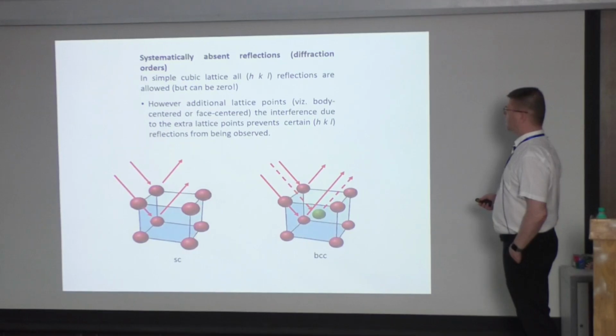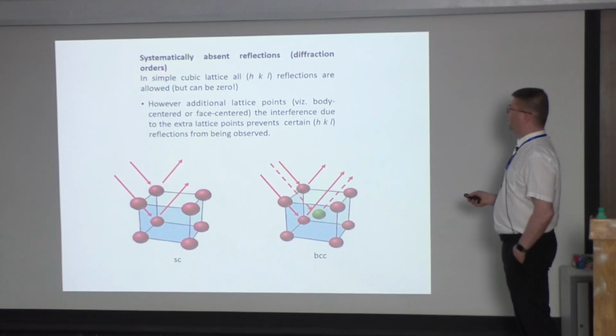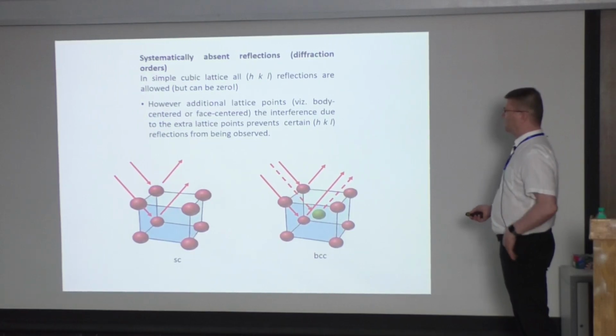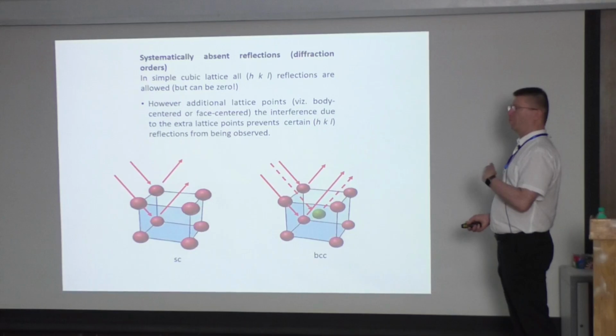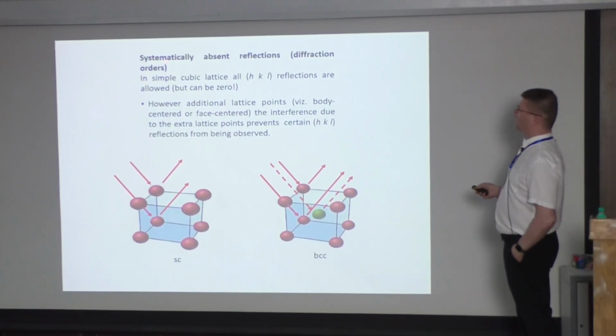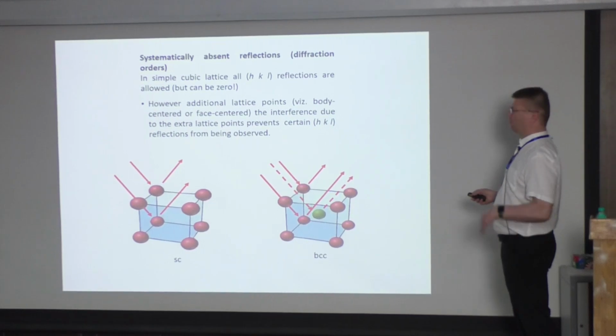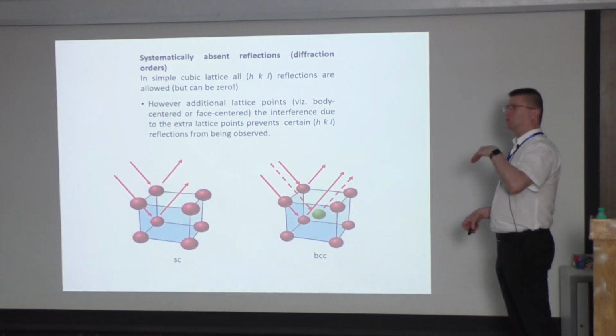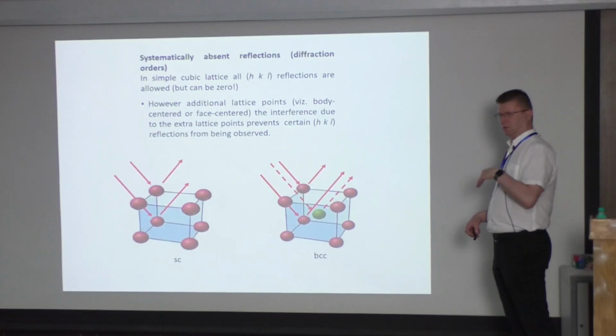And then something more: if we have atoms in our unit cell, there might be a situation when there will be an overlap of these reflections. In some cases, some of these reflections cannot occur, so they are forbidden.